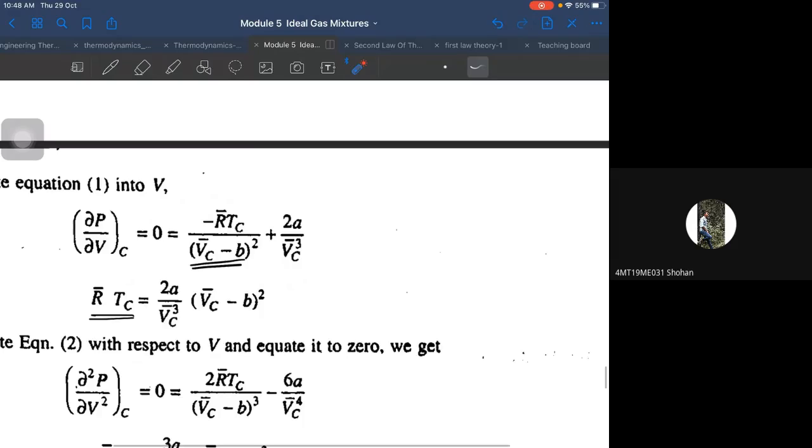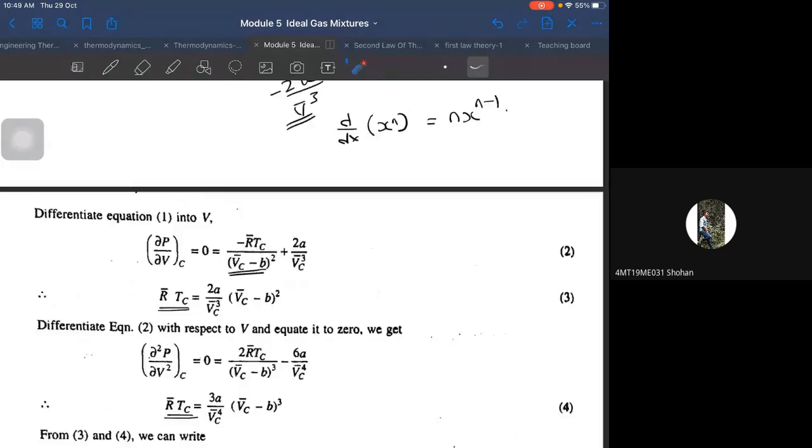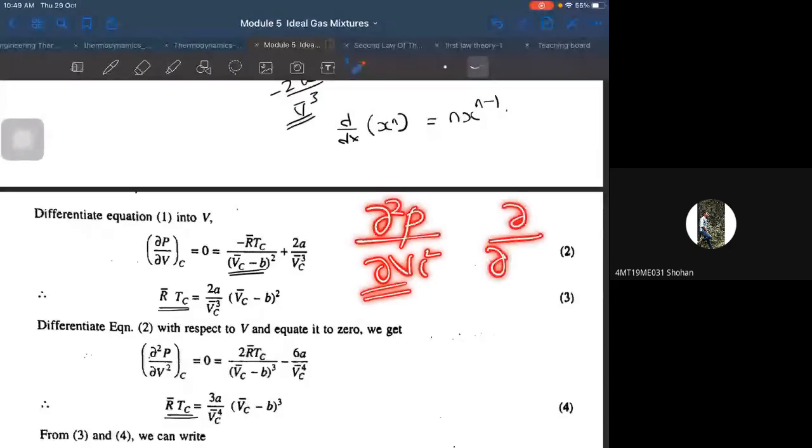Now, when you want dou square P divided by dou V square, what you have to do? You can differentiate dou by dou Vc of dou P by dou Vc. Once you have already differentiated this, if you differentiate it again with Vc, you get the second derivative, which is dou square P divided by dou V square.